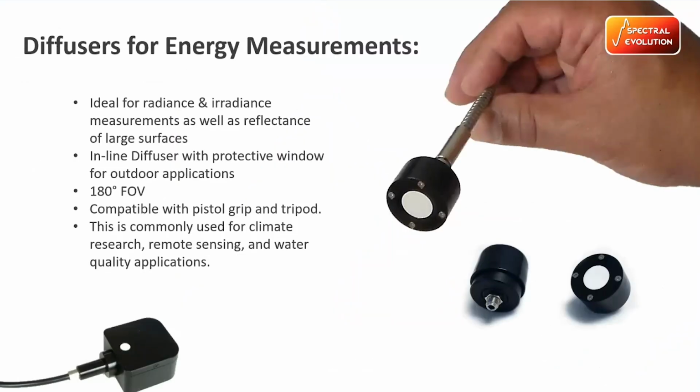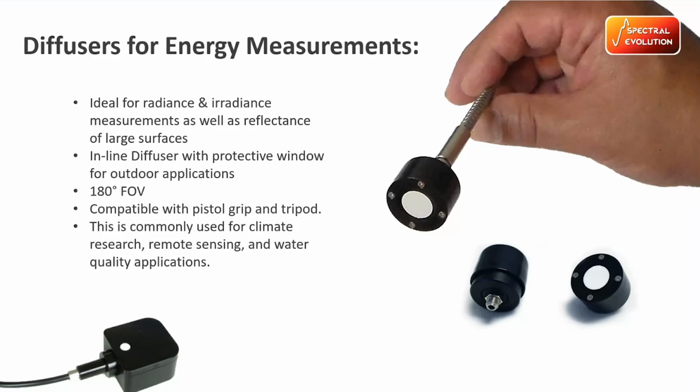And for this example study, we used the inline diffuser, which either comes with a protective lens or not, depending on your preference. For this, we used a windowed diffuser, so that it has a little extra protection for in the field, and for different kinds of applications, it just has extra protection.